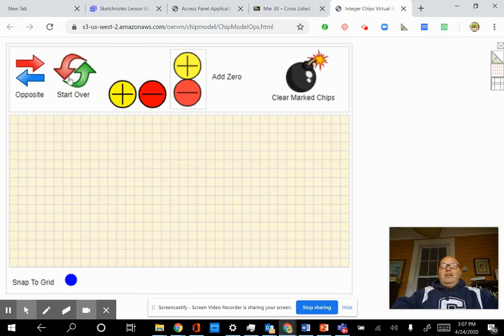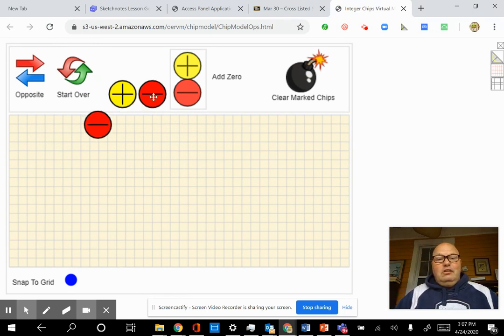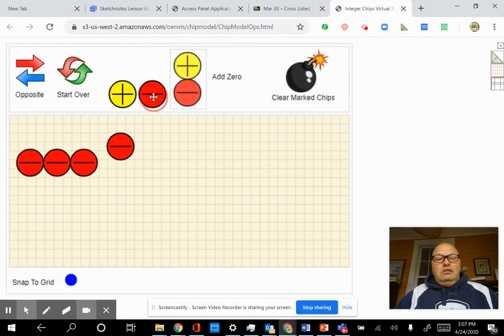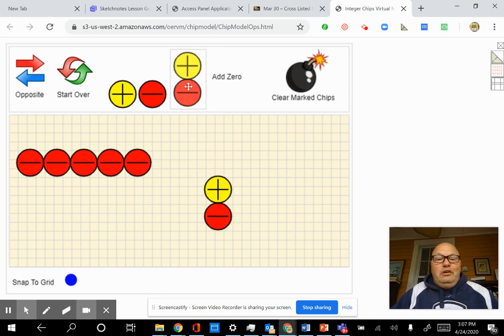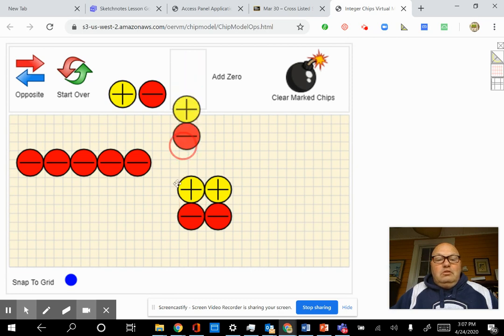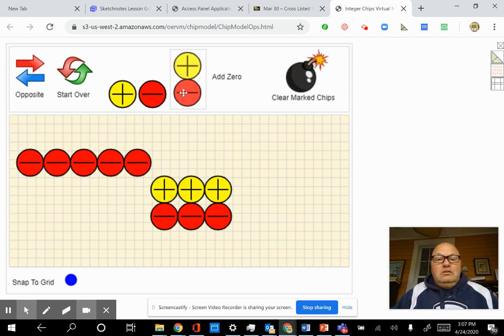Start over. Okay, now what if we have negative 5 minus 4? Okay, here's negative 5. We have to take away 4. 4 is a positive number. I don't see any positives there, so we're going to have to add 4 zeros. 1, 2, 3, 4.